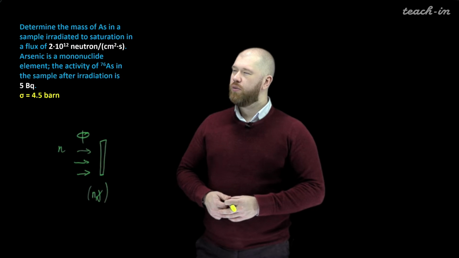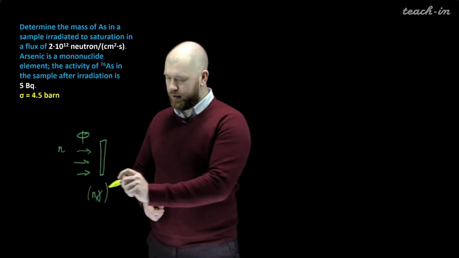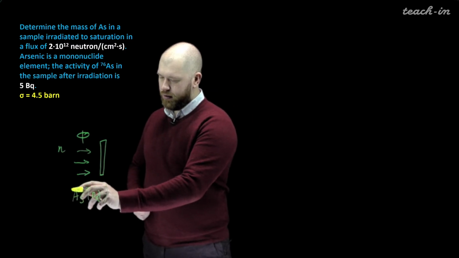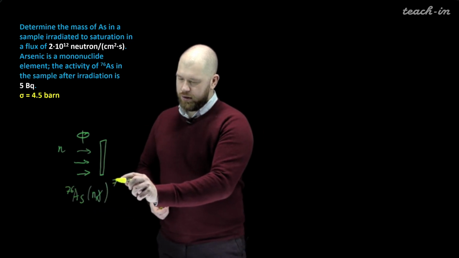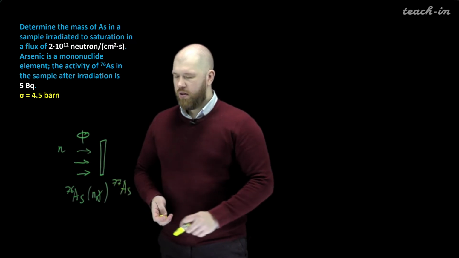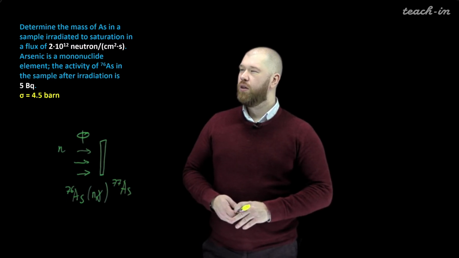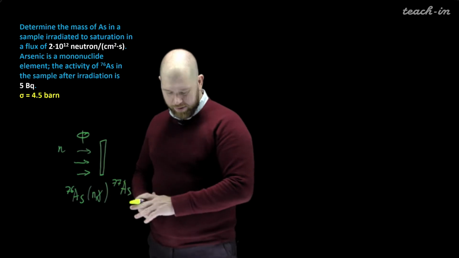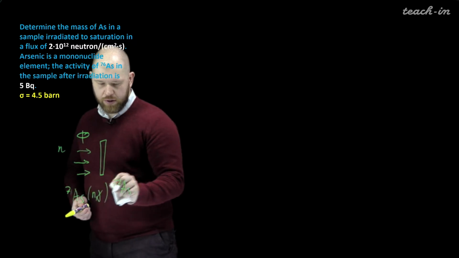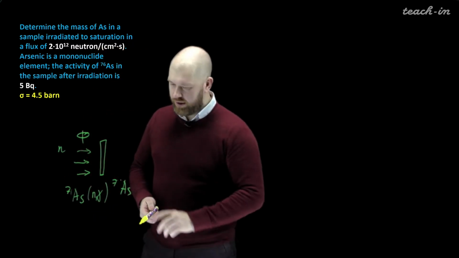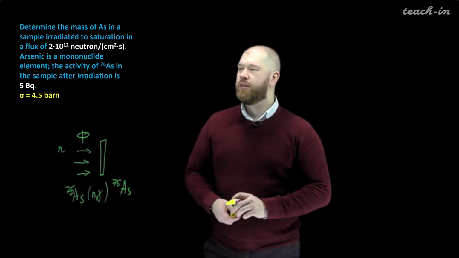In this case, we have arsenicum 75 in the beginning, and arsenicum 76 as a result, that emits gamma rays.